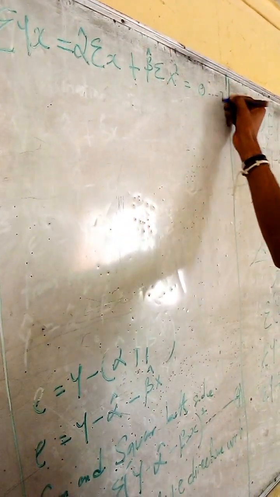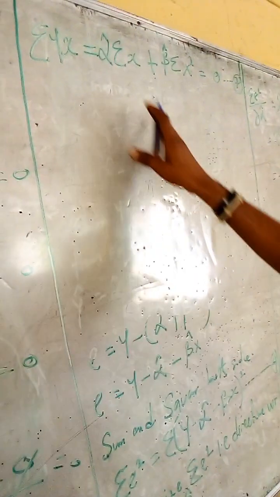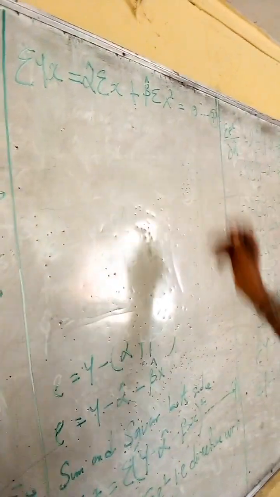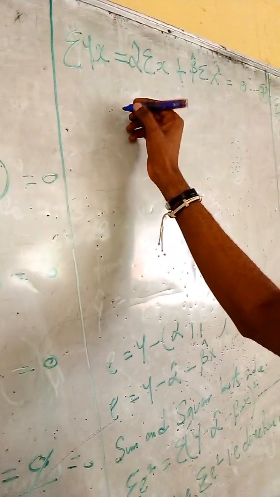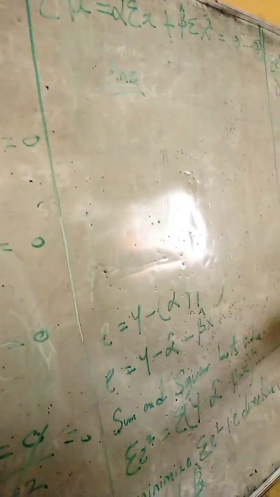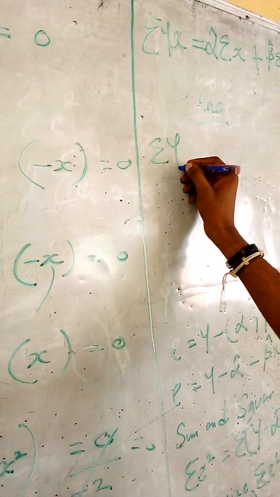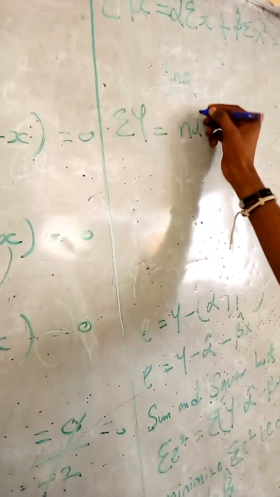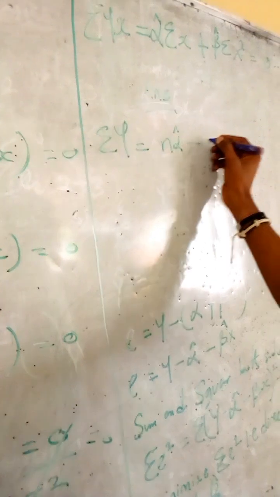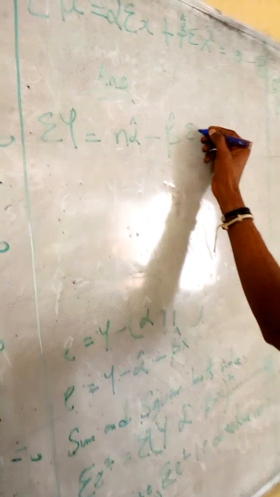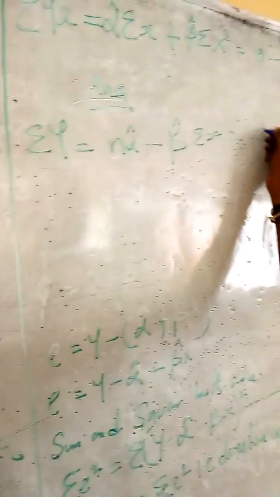This is equation 7. So we've finally solved the question. The question told us to derive a simple equation, which is now this equation C. So the answer is this: summation y equals n alpha cap minus beta cap summation x equals 0.